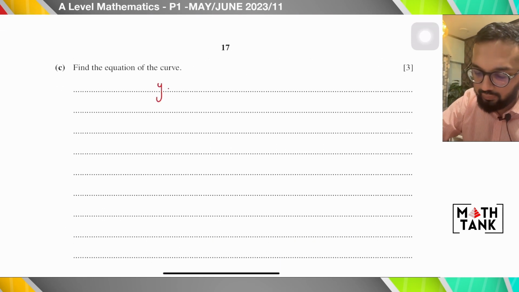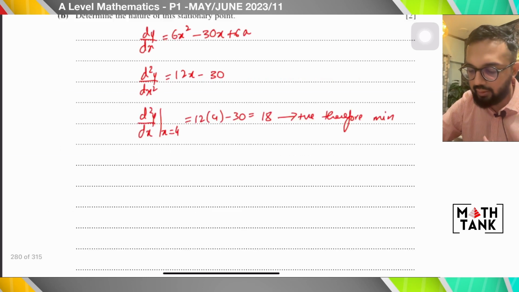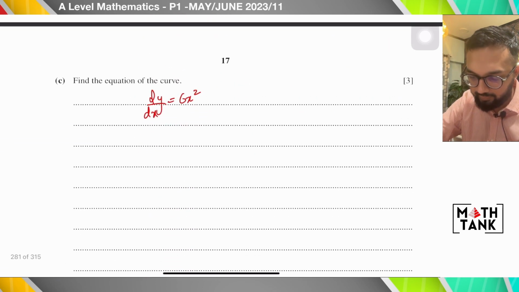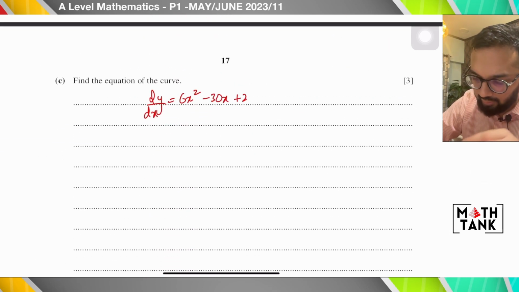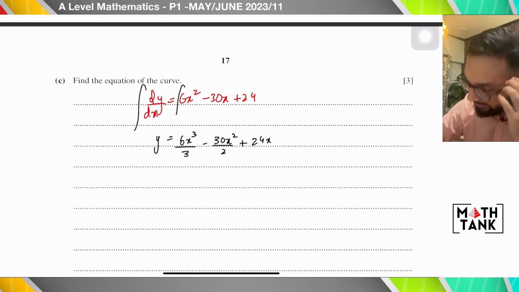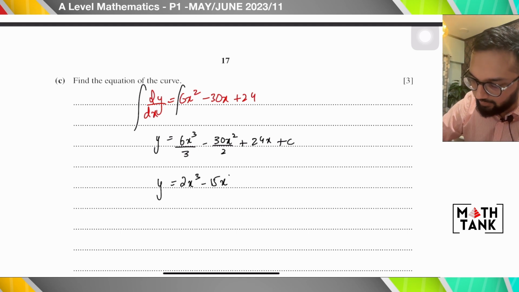Find the equation of the curve. So dy over dx is 6x squared minus 30x plus 6 times 4. I think that's an easy question. You integrate, you get y equals 6x cubed over 3 minus 30x squared over 2 plus 24x plus c. So y equals 2x cubed minus 15x squared plus 24x plus c.